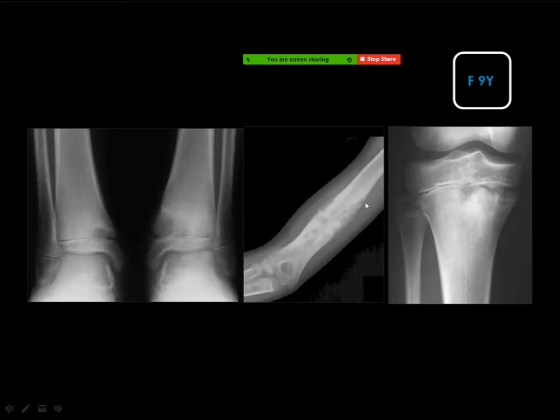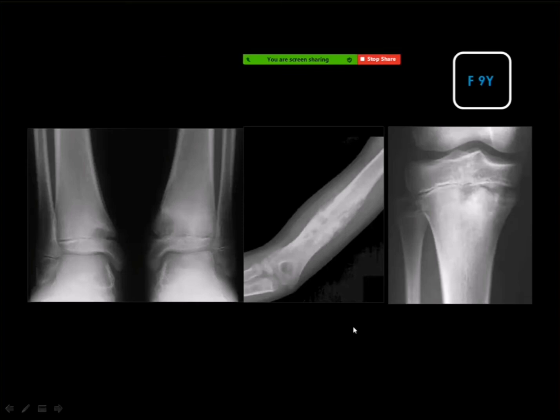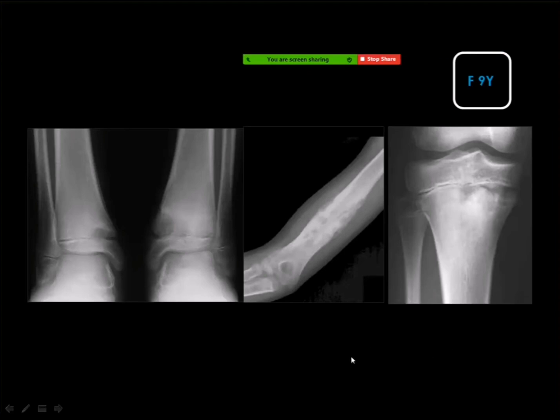There is no significant periosteal reaction around all lesions. Then the possibility of being an inflammatory condition is more likely than a neoplasm, because if you consider this as a lymphoma, you should consider this as also lymphoma, and this one, but this does not fit well with the lymphoma possibility.